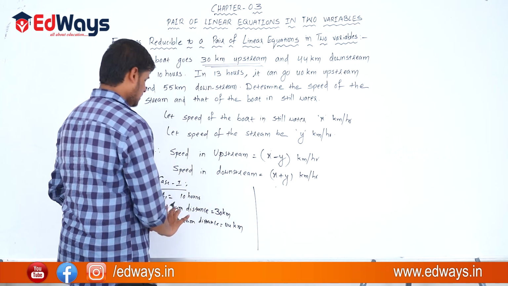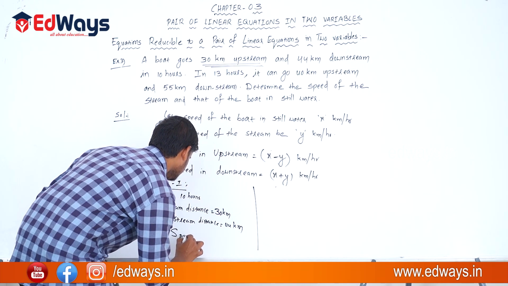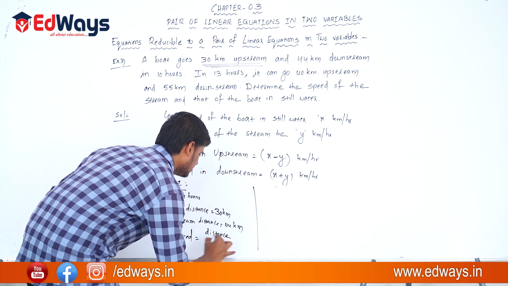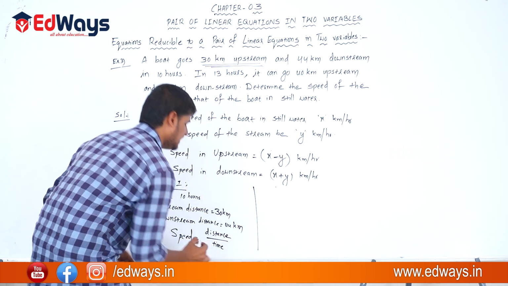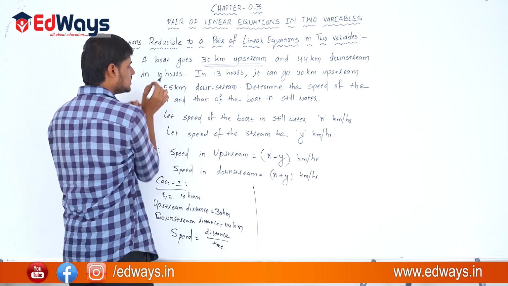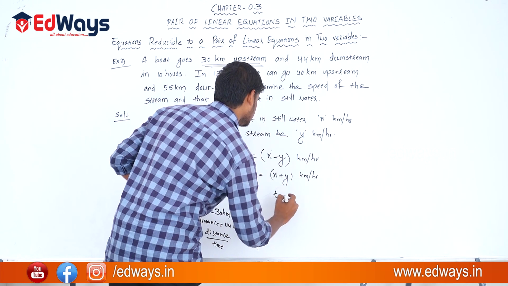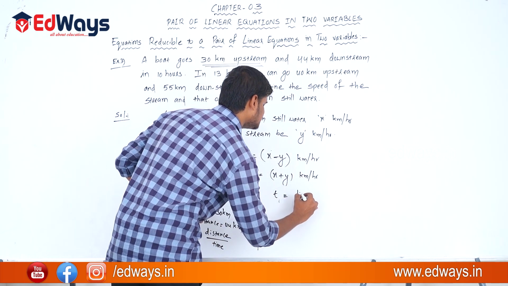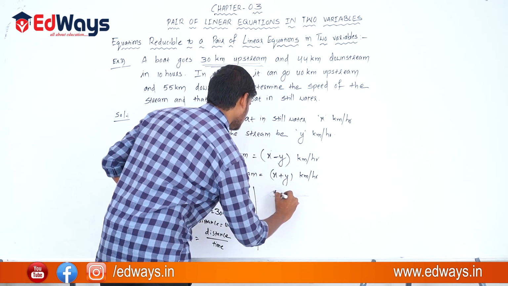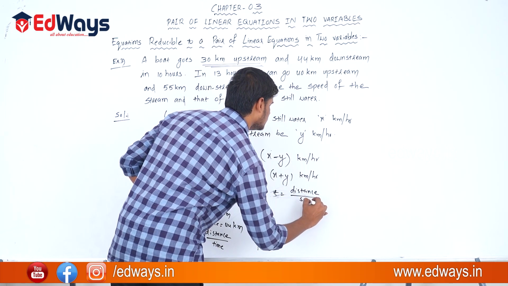Now we know that speed is equal to distance by time. The total time taken was t. What's the formula for t? t is equal to distance by speed.